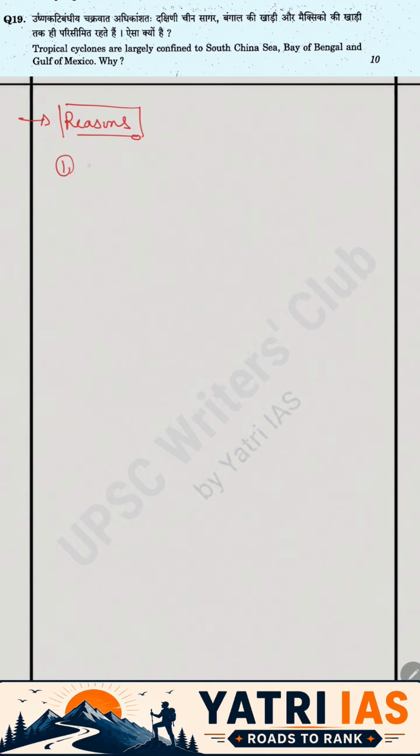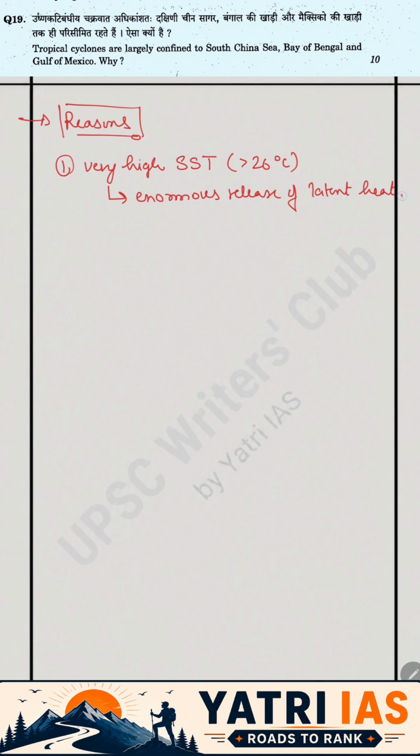The very first reason you will mention is these regions have very high sea surface temperature, over 26 degrees Celsius. And this helps in enormous release of latent heat. Then you would mention these regions have high ocean heat content.